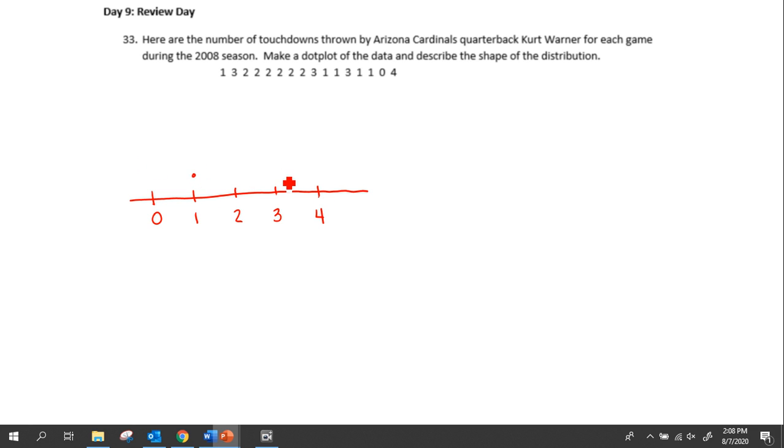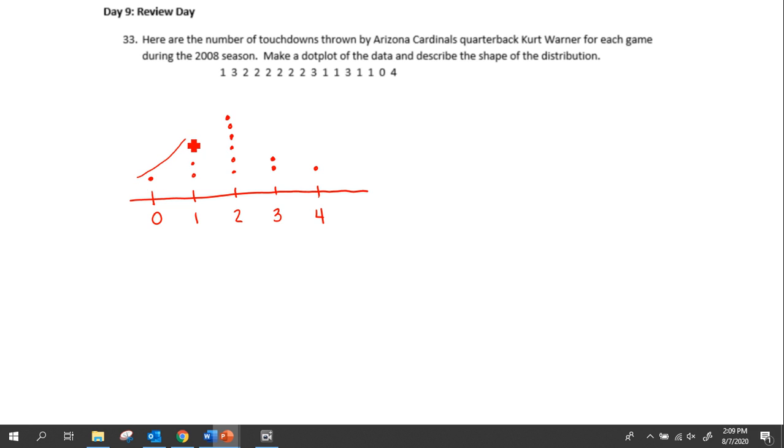So I have 1, 3, So then it says, describe the shape of the distribution.